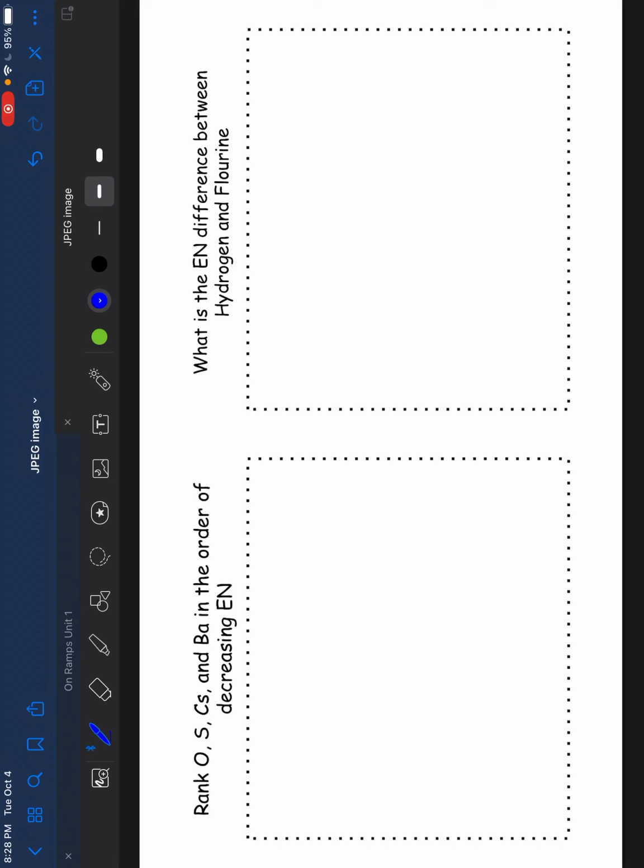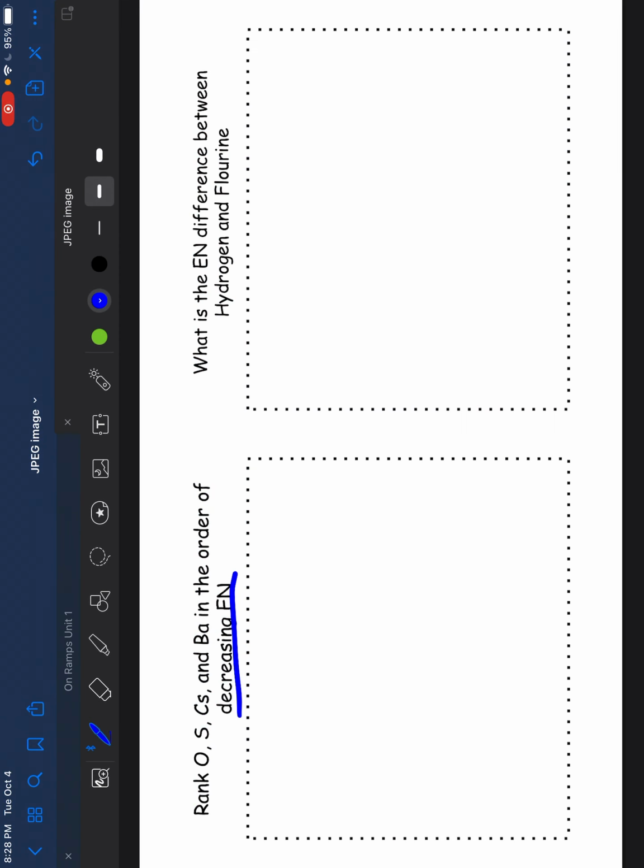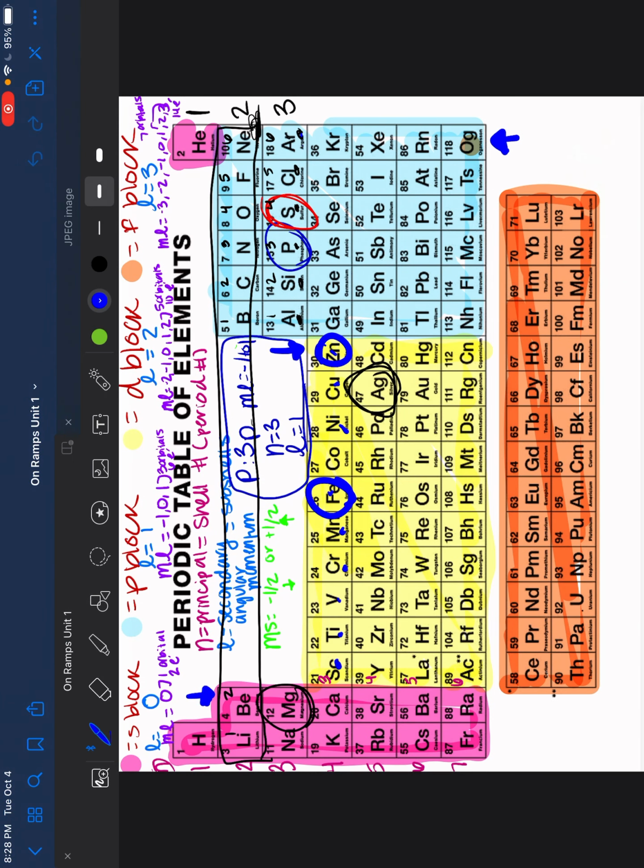So rank oxygen, sulfur, cesium, and barium in the order of decreasing electronegativity. Okay, so remember, it increases going up and to the right.